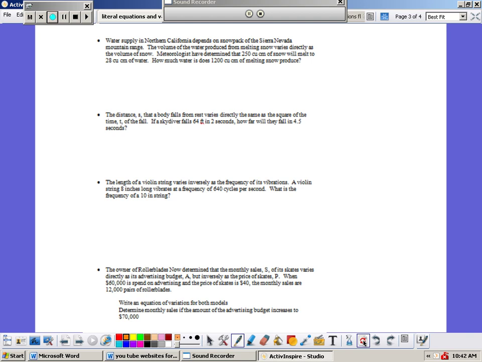Okay, so the owner of Rollerblades has determined that the monthly sales S varies directly with the advertising budget, but inversely with the price of the skates. When $60,000 is spent on advertising and the price of the skates is $40, 12,000 skates are sold.